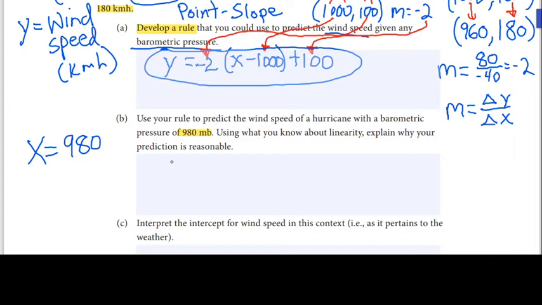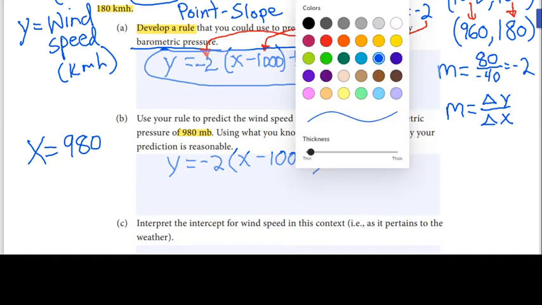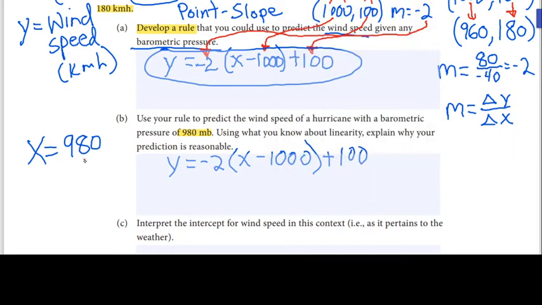So it tells me to go ahead and rewrite this as -2 times x minus 1,000 plus 100. Well, guess what? Right here, I'm going to go up there and just put 980 in for x. Okay? So I'll go ahead and do that.